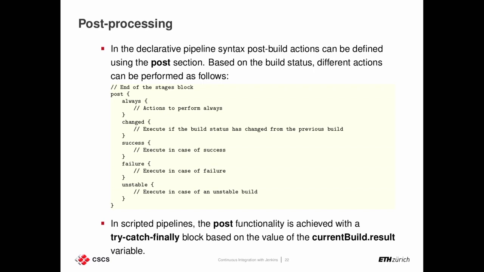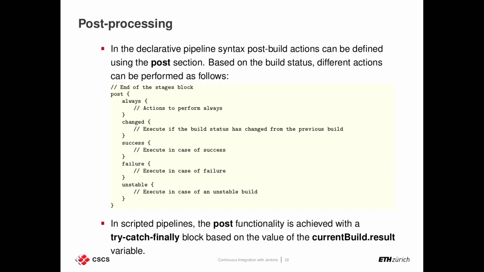This action will happen always, what is included inside the curly braces here. This is when the status of the build changed. You may have had a failure before, but now you did some change and the build passes, so you are notified. You can put some actions here that your status has changed, or the other way around, you made the change and the build now fails.